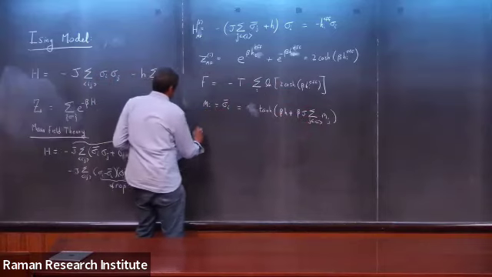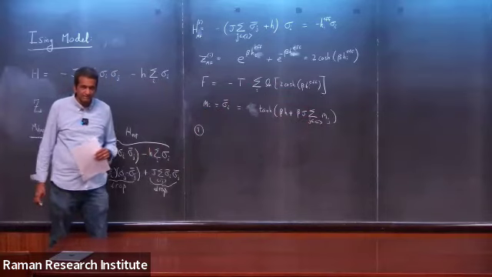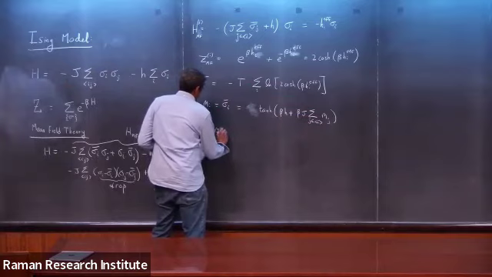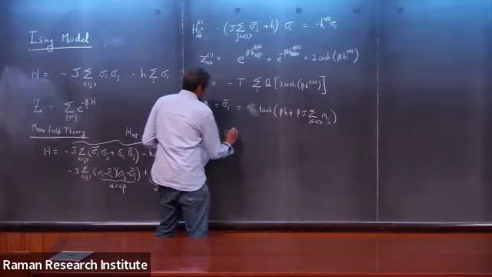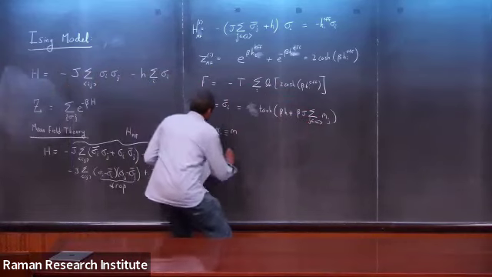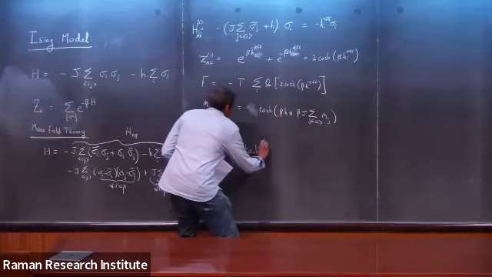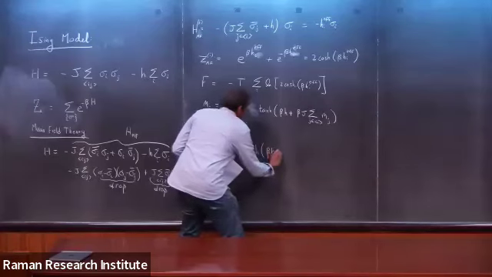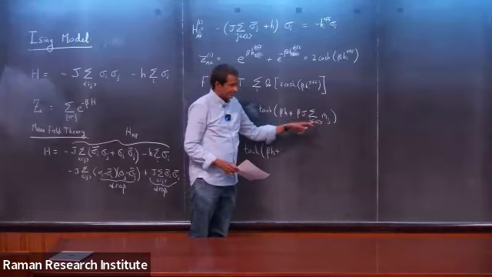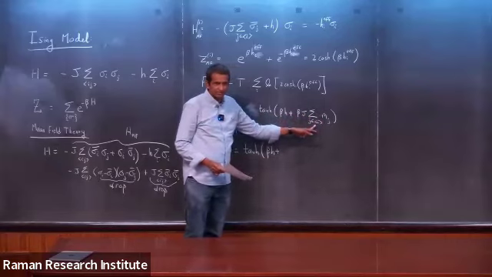So let's imagine we do this first in the case where we assume that things are translationally invariant, so M_i is the same at all sites. Then this equation tells us that the magnetization is going to be tanh of (beta H plus beta J times M times a sum over all the neighbors of site i), but that's the coordination number.